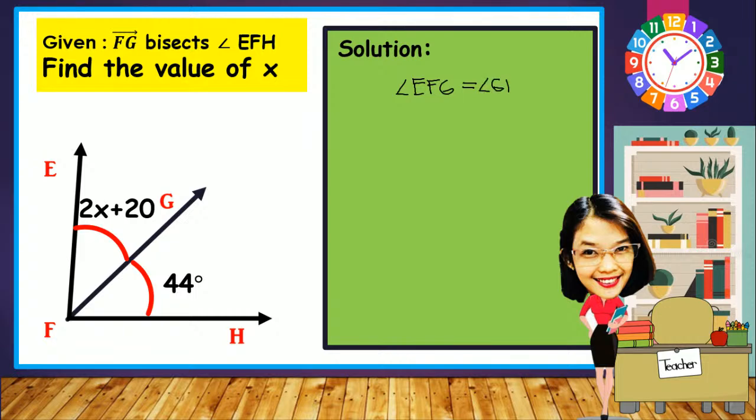Again, you can use the word congruent, you can use the word equal. So, what's next? You will substitute the given values. The measure of angle EFG is 2x plus 20, and it is equal to the measure of GFH, which is 44.